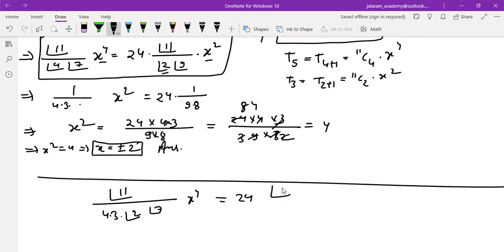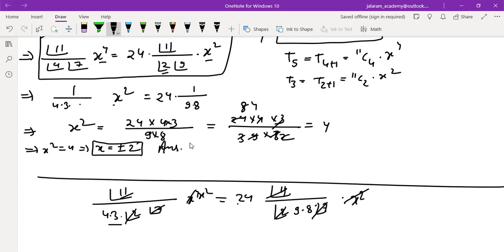Again 24 into factorial 11 upon factorial 2 will be cancelled out. Now expand factorial 9 as 9 into 8 into factorial 7 into x square. Now look at this. This becomes x square. Factorial 11 cancelled out, factorial 2 cancelled out, factorial 7 cancelled out. So the remaining term 1 upon 4 into 3 into x square equals 24 upon 9 by 8.